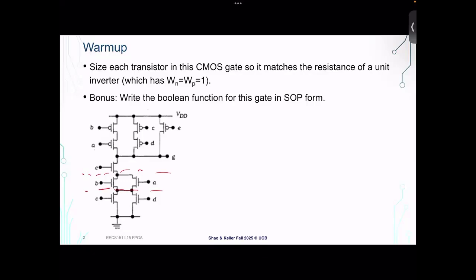And does series increase or decrease resistance? Right. Resistors in series increase resistance. And so in order to overcome the higher resistance, we have to make these transistors stronger or weaker. Another way of asking that is, do we need to increase or decrease the width compared to the unit? Increase, yeah.